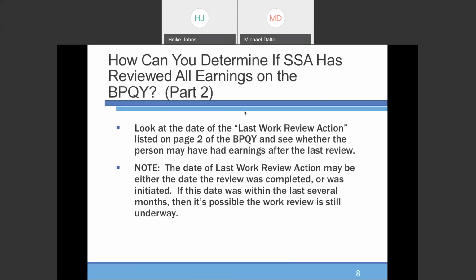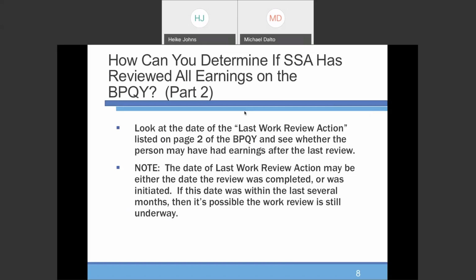So if a person gets a Title II benefit, you can look at the date of the last work review action, which we saw on page 2, and then look at all the dates of earnings that have been reported in any of the 3 sections where earnings appear on the BPQY.